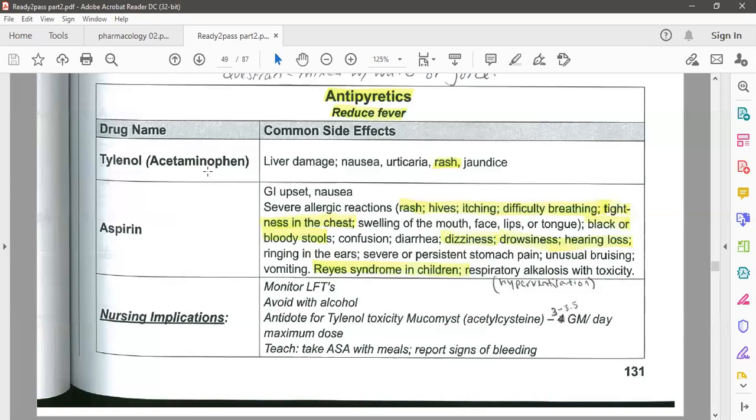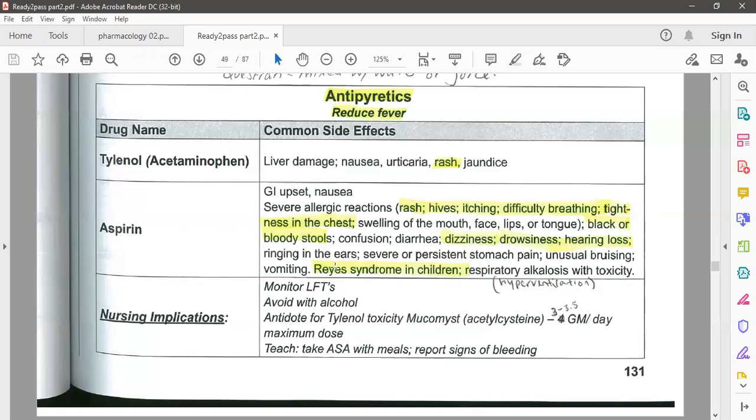But the difference between acetaminophen and aspirin is that aspirin has a property to work on the heart, because aspirin is also used as a blood thinner, right? But it is also very important to keep in mind, do not give aspirin with other anticoagulants like warfarin or heparin. Do not give to children because they can develop a major problem, and this is called Reye syndrome, right?